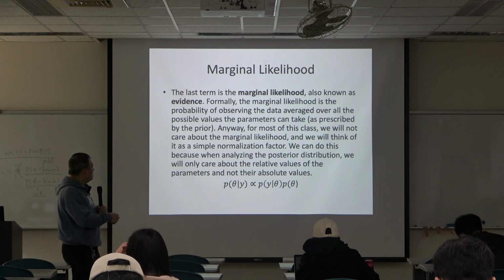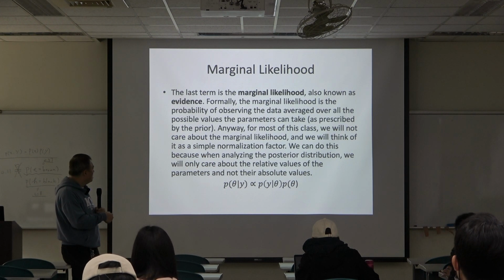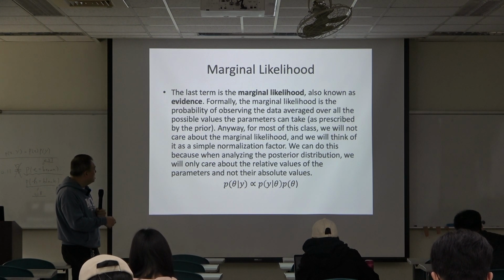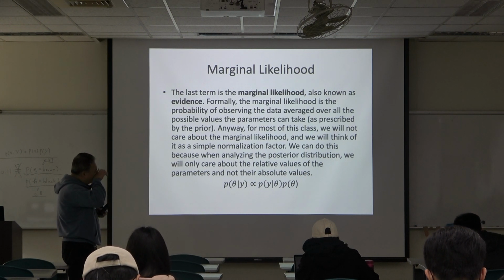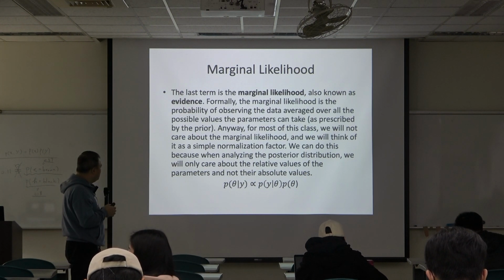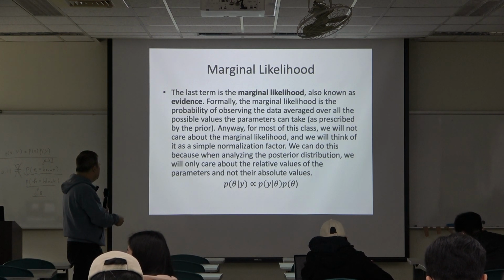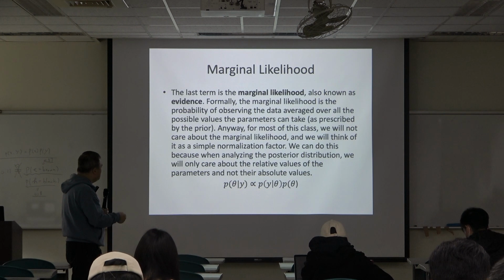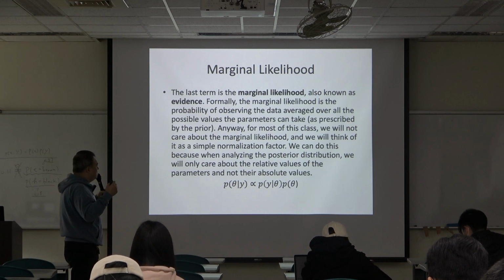For most of the class, we will not care about the marginal likelihood, as we will think of it as a simple normalization factor, because eventually this evidence is going to be used to make sure the result is a distribution.